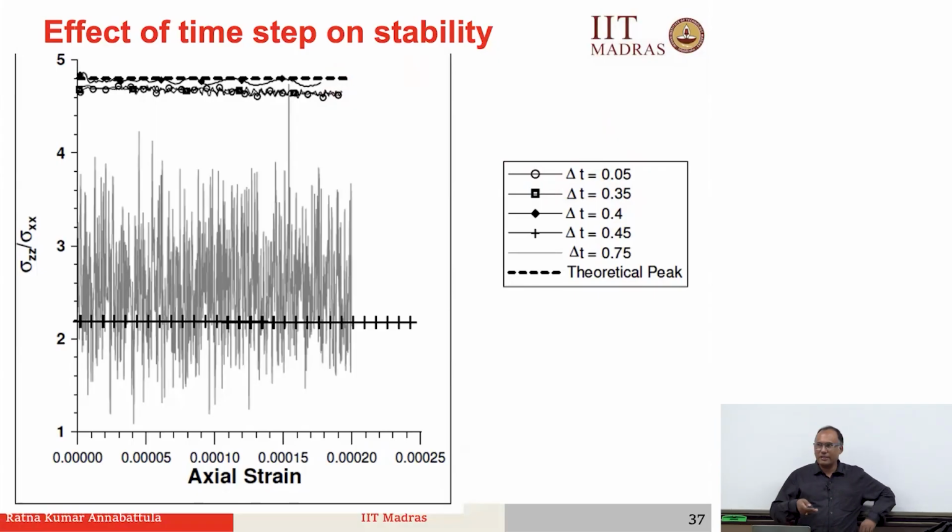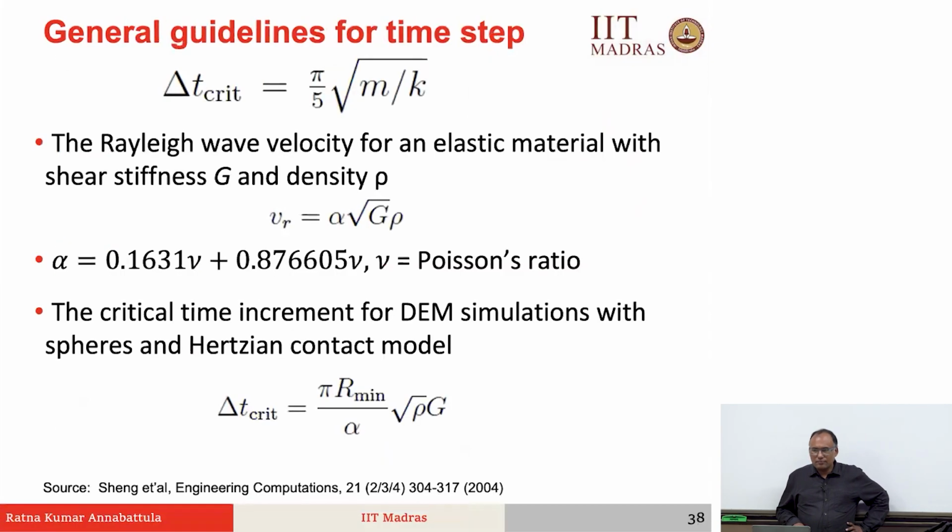So this is typically demonstrating how the time step can influence your simulation. The general guideline for choosing your time step is this: pi by 5 root m by k. If you take a particle whose stiffness is k and m is its mass, then root k by m represents the elastic wave velocity within the particle.